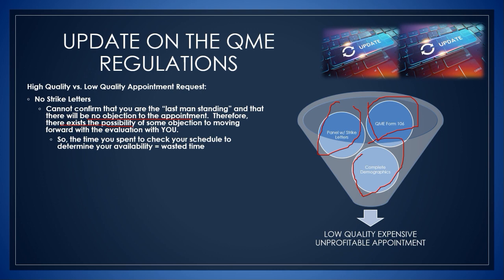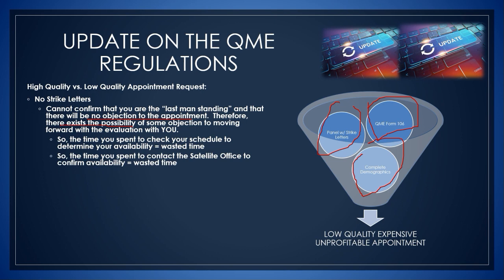If you're not able to get this information, whether it be the Form 106, a copy of the panel, strike letters, or a copy of the demographics, the time you spend to check your schedule to determine your availability becomes wasted time. Now, let me tell you, you only have to go through this 2 or 3 times to start learning that you don't want to waste this type of time on these low quality appointment requests.